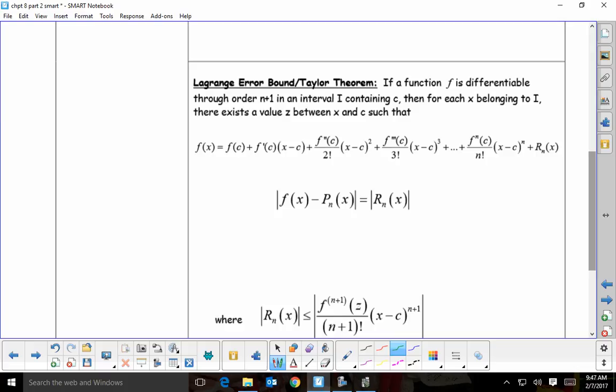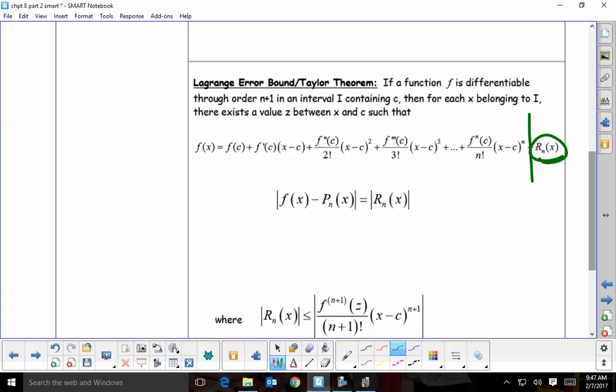So just like with the alternating series, you could find an error bound. We can with these Taylor polynomials as well. So if I went out and stopped at the nth polynomial, this guy left over is the remainder, right?